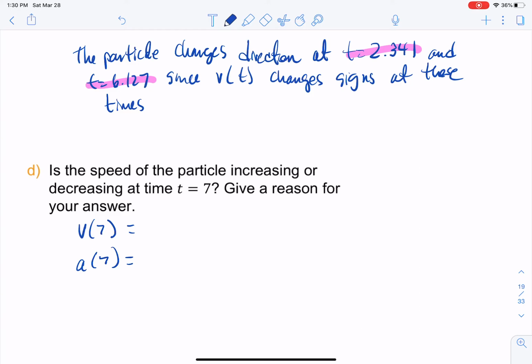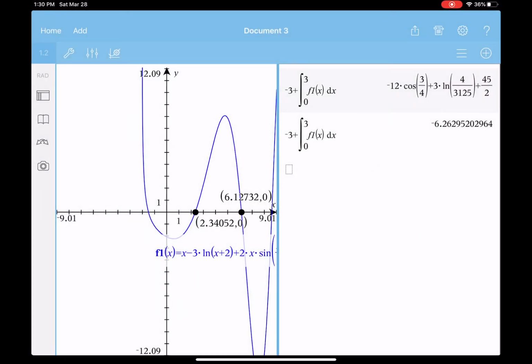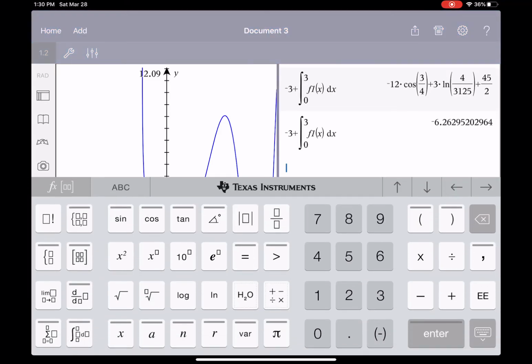So, of course, to find the acceleration at 7, we're going to take the derivative of velocity and plug 7 in. Probably said that wrong. Anyway, coming back over here to the calculator part, for the velocity I'm given the velocity function, so I just plug in my number.